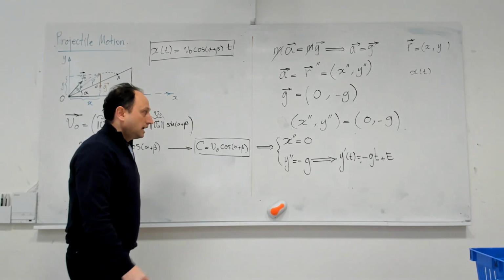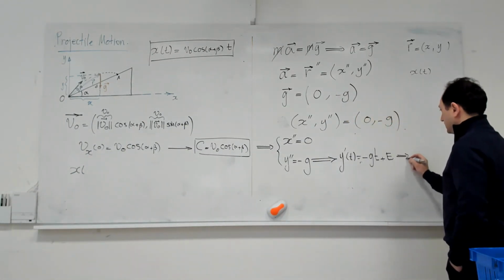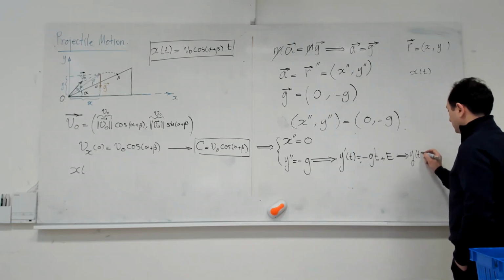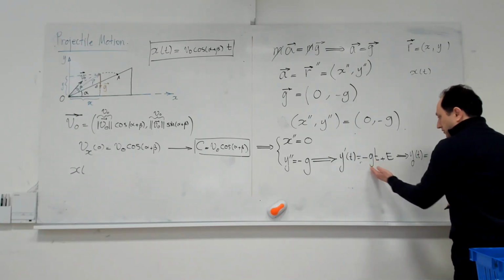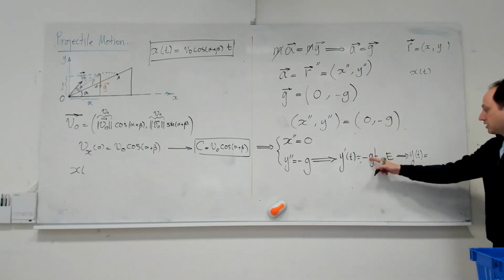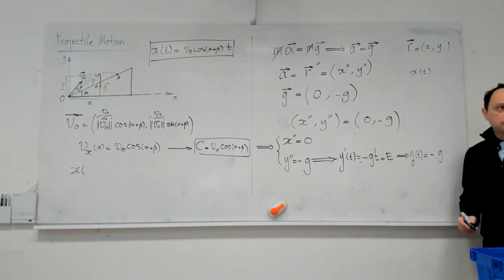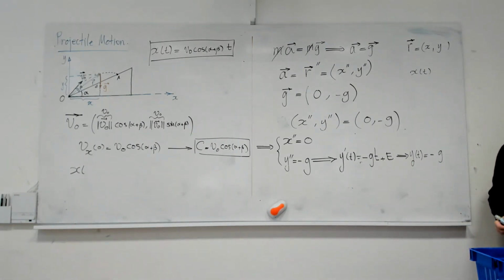Yes? And then if I ask you what is y itself? It is a primitive function for this. A primitive function for this constant. Yes? But what is a primitive function for t when t is my variable? T squared divided by 2.